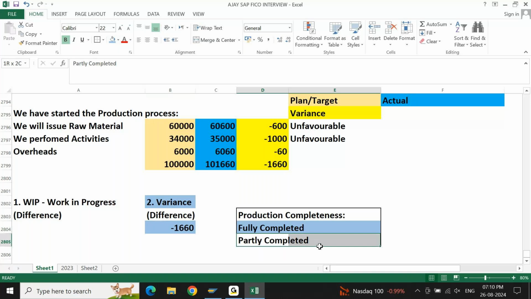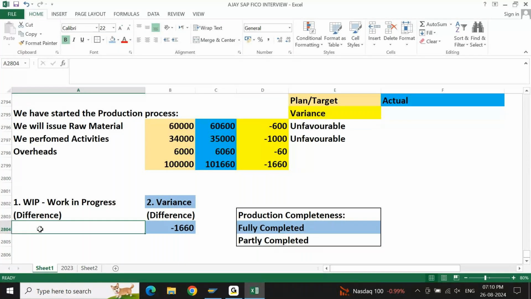Ignore the number calculation. I'm just going ahead with the basic fundamental thinking, fundamental logic. If this is partially completed, you are going to call it work in progress.